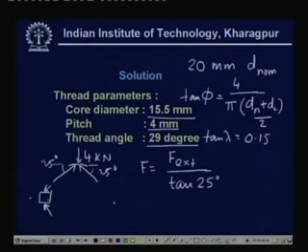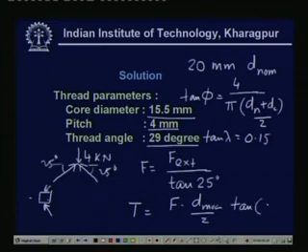When we have one thread, one bolt, the torque is given by F times d mean by 2, that is (dn plus dc)/2 divided by 2, and tangent of phi plus lambda dash.